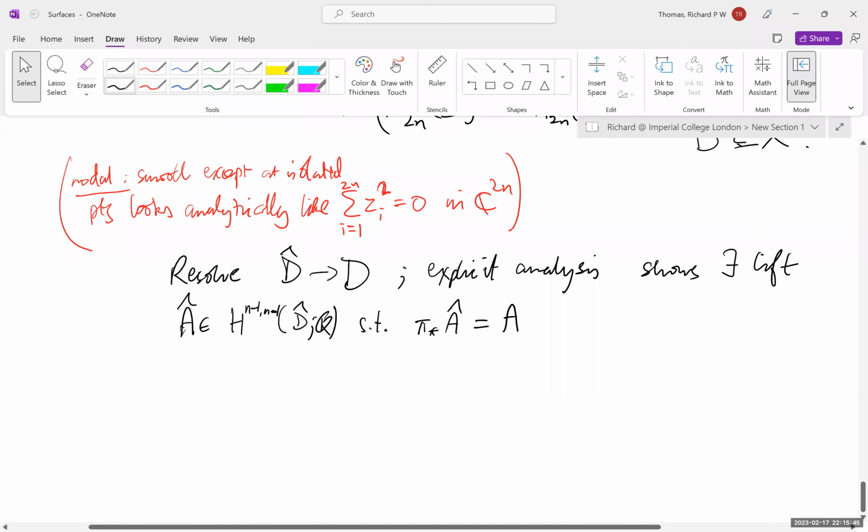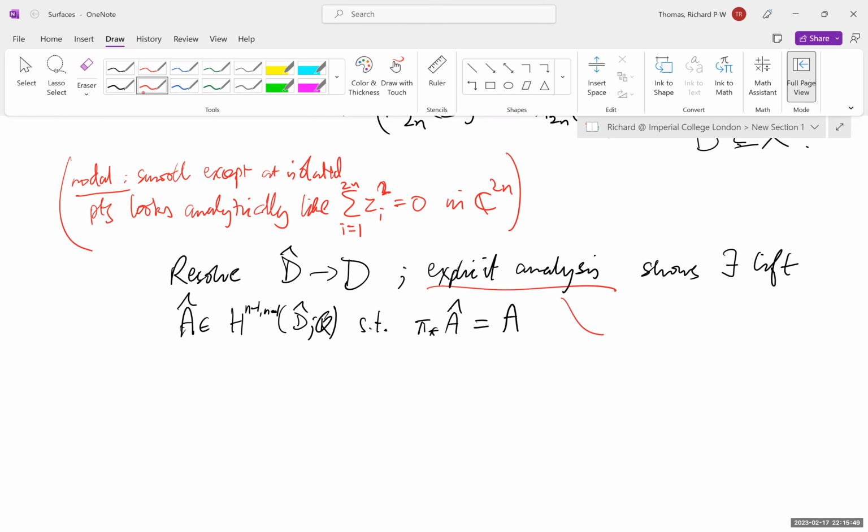And this is where nodal is useful, but as an aside, if you're interested in allowing Ds with worse singularities, so if D has worse singularities than nodes, then you can prove the same theorem, but you have to use the power of Deligne's mixed Hodge structures.